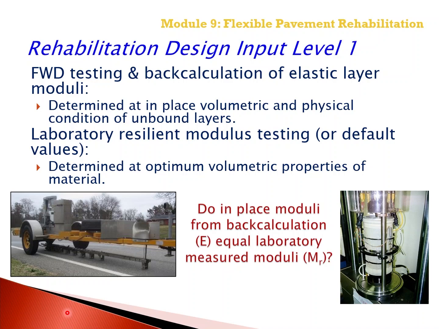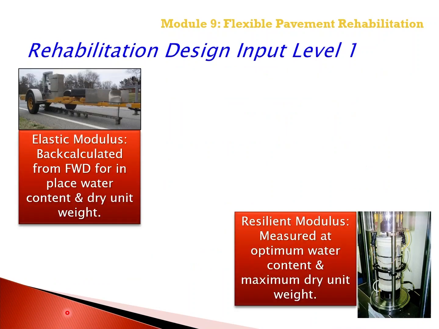And this was also discussed in Module 4, Module 4-1 and or 4-2 and 4-3, on the use of modulus and volumetric properties for unbound layers. So we start with the elastic modulus back calculated from FWD, which represents the in-place water content and dry density.